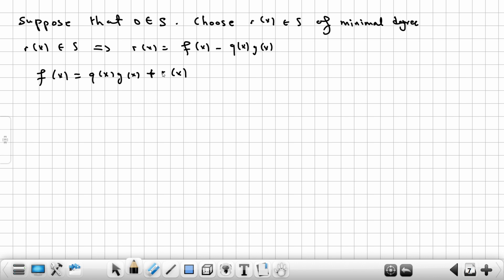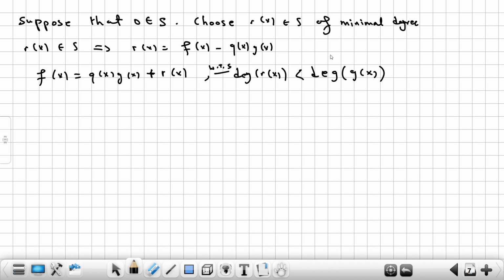Okay, so the existence of q and the existence of r automatically hold, but we need to show that the degree of r of x is strictly less than the degree of g of x.